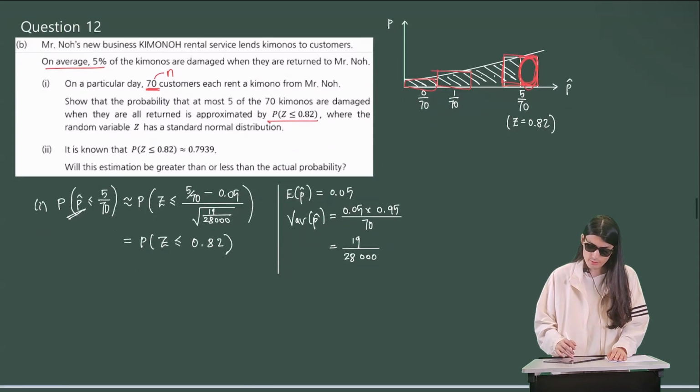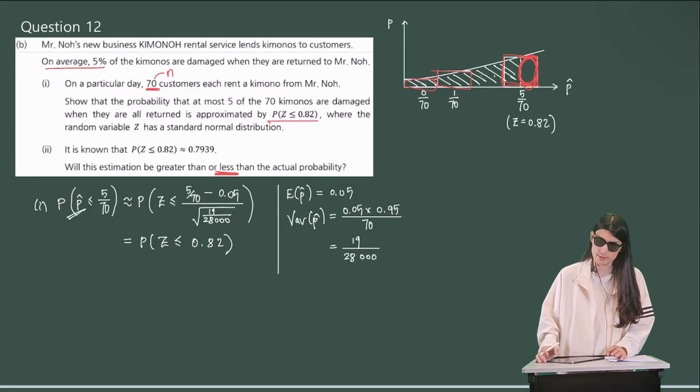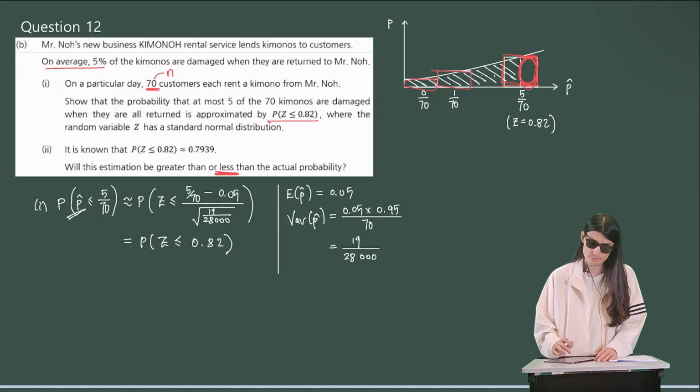So the answer to the second part is: the estimation is less than the actual probability.